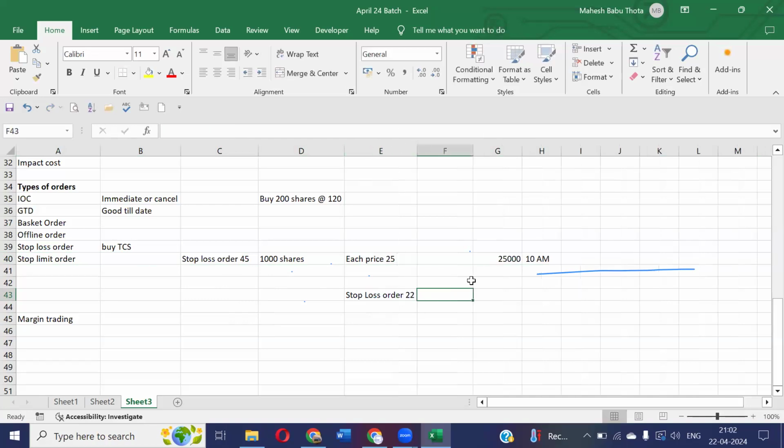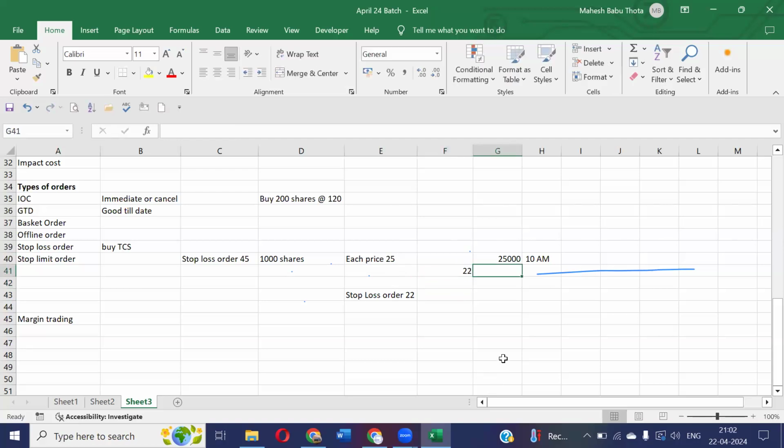Now, the security price is coming to 24 rupees. Will my order be executed? No. Security price is 23 rupees. It won't execute. Security price is 22 rupees.